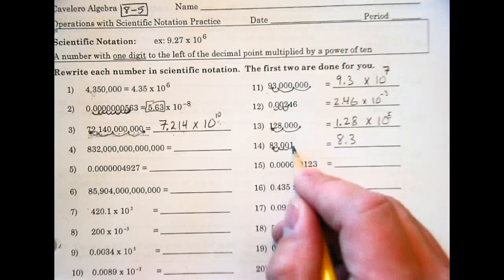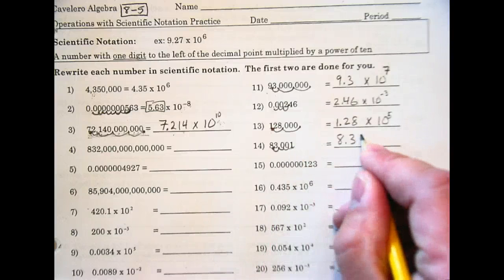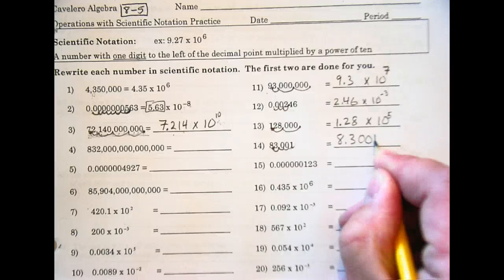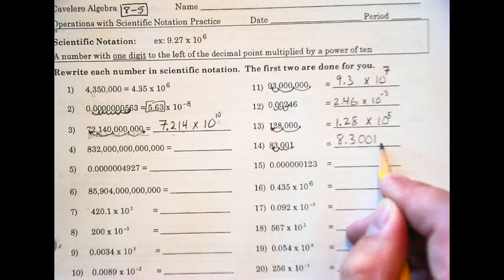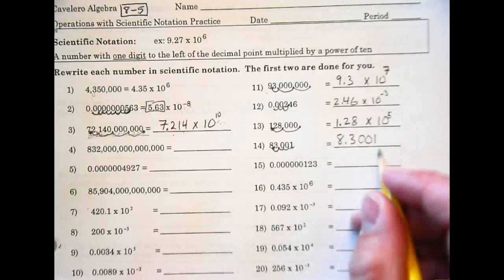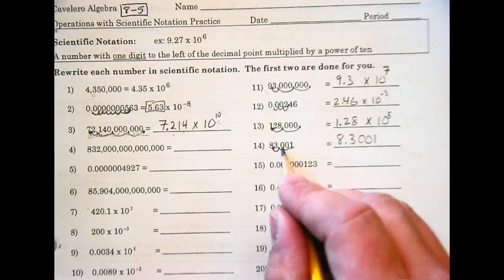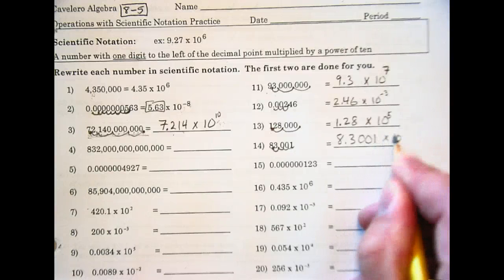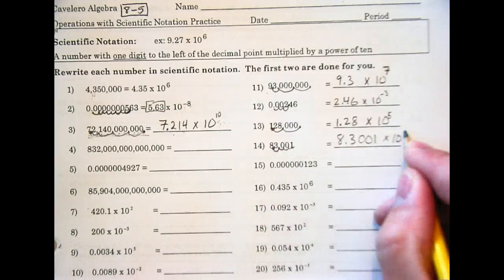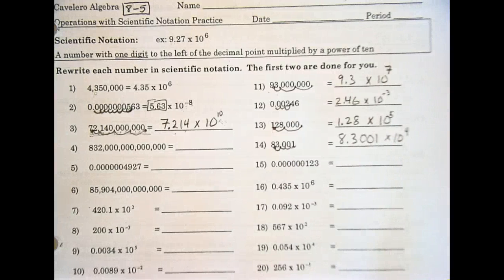So we have to put all of those numbers there. If there was a 0 here, then we could just stop at 8.3. But since that 1's there, we've got to keep going. So it's 8.3001 times 10 to the 4th power. Okay? So keep asking good questions.